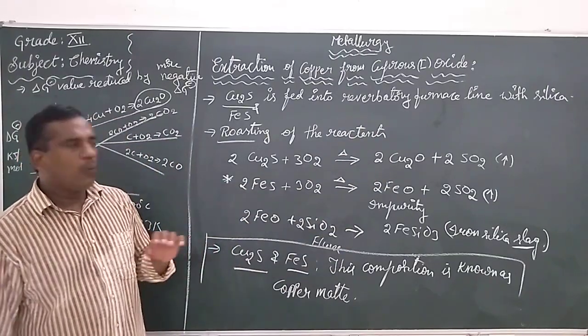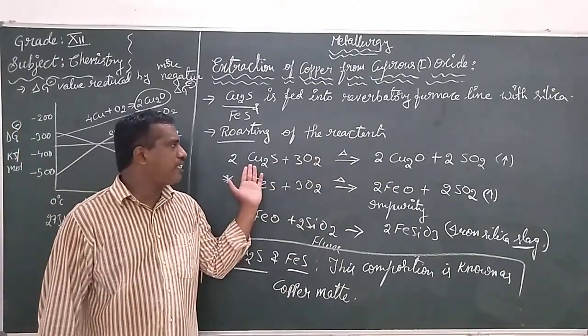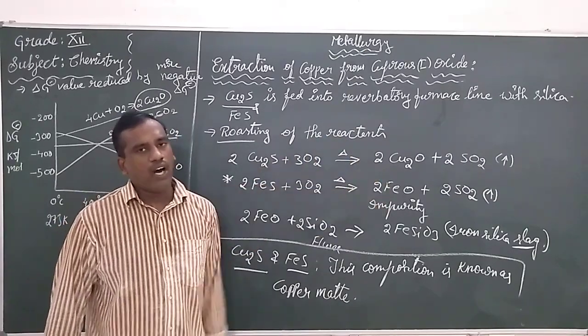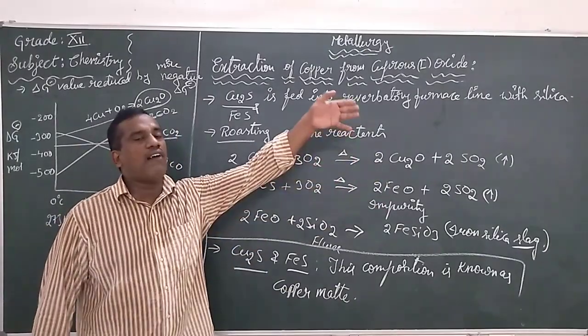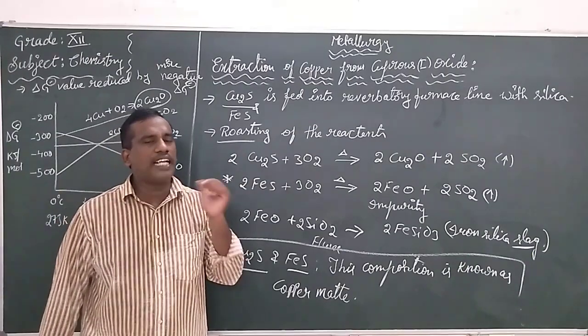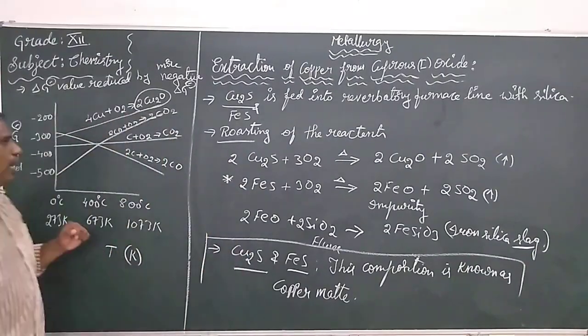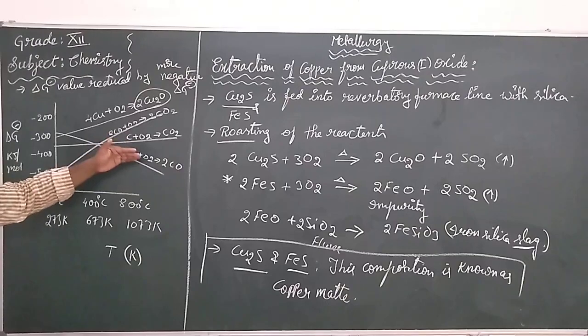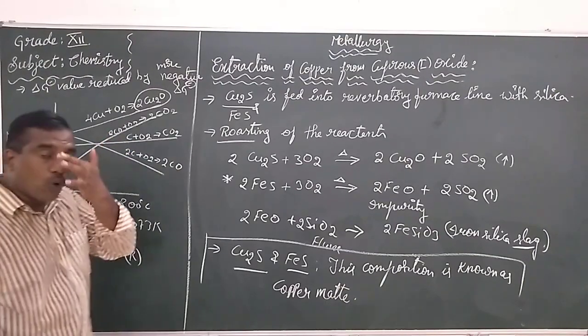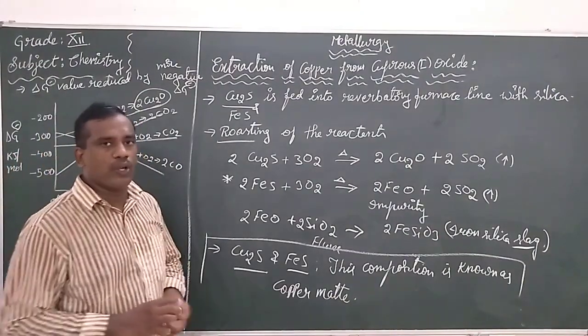So up to now we had converted our copper sulfide into copper oxide. Now how to get our copper? We explained that coke or carbon monoxide can be used.